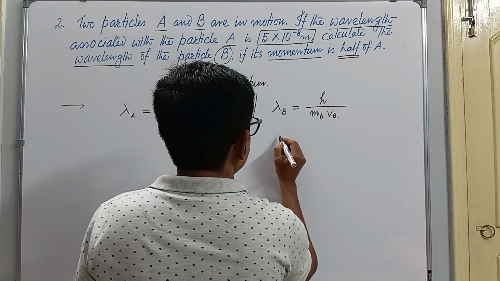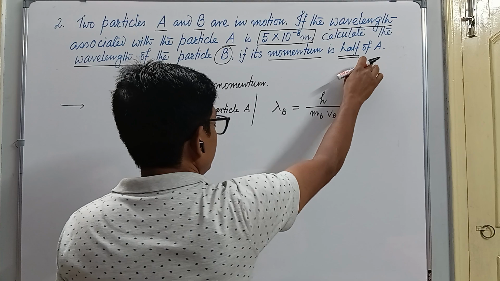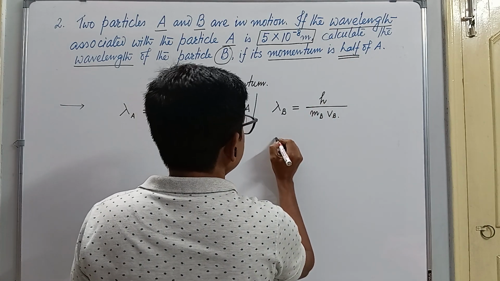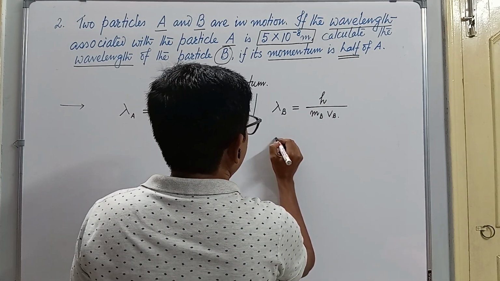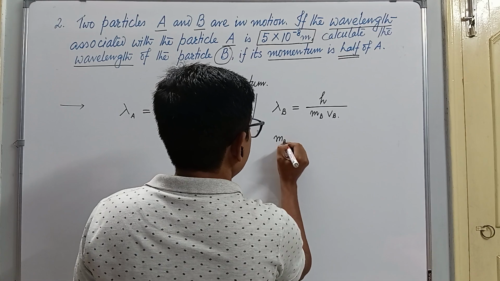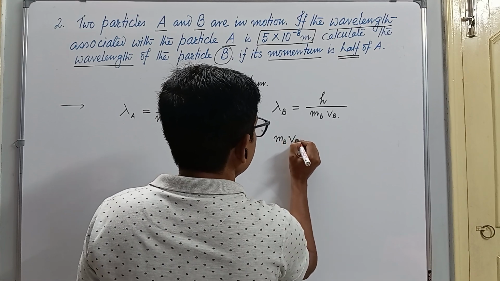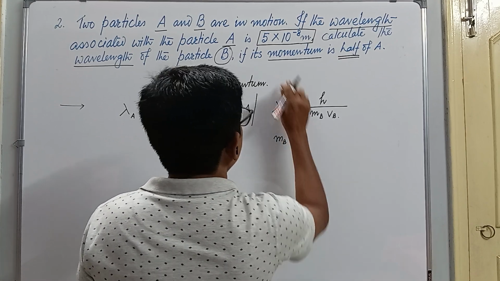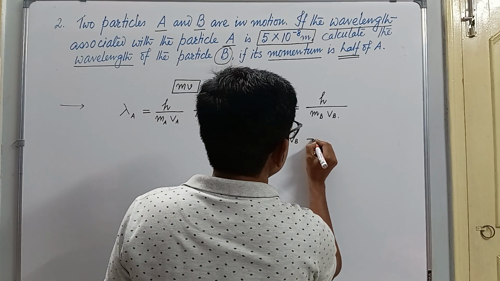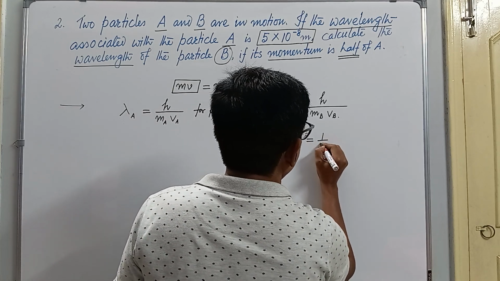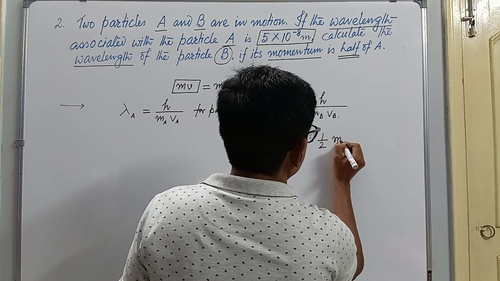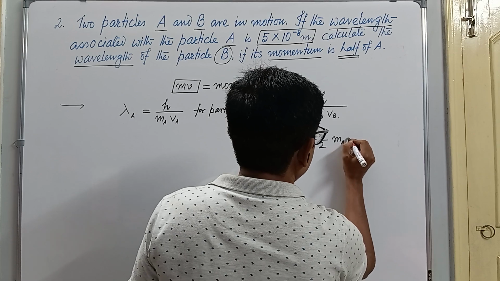As per our given numerical problem, they are saying MB into VB, that is the momentum of particle B, is half of the momentum of particle A. So this is the momentum of particle A.